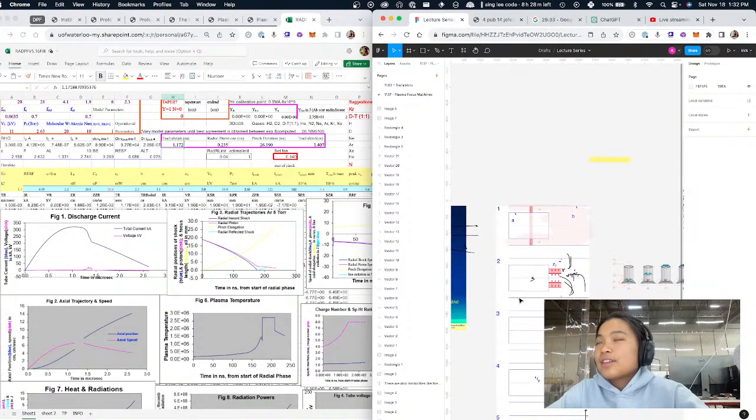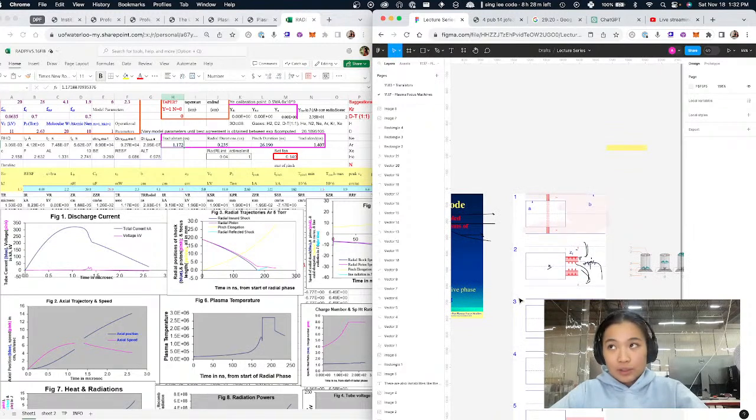The pinch effect is when there's a bunch of compressive force from the electrical current that is useful for doing things like fusion, or neutron generation, X-ray generation.